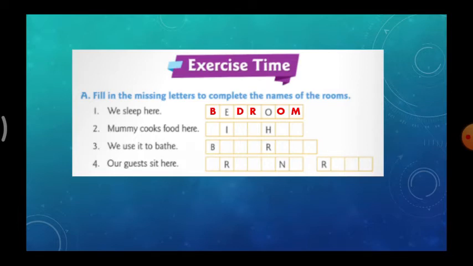Next one. Mummy cooks food here. Where will mummy cook food? Mummy will cook food in the kitchen. So what is the spelling for kitchen? Kitchen. So third one, we use it to bath.